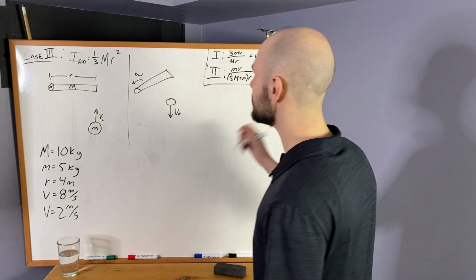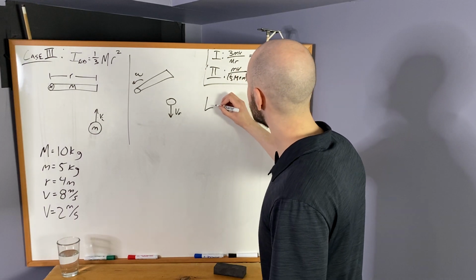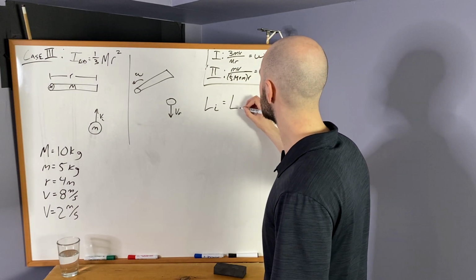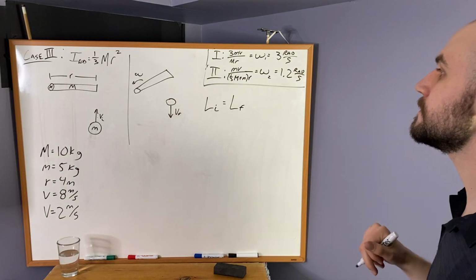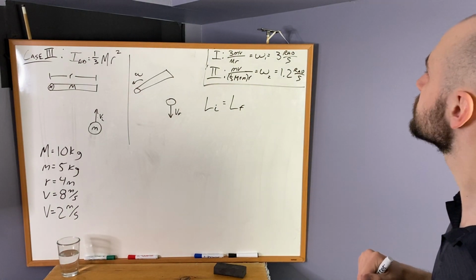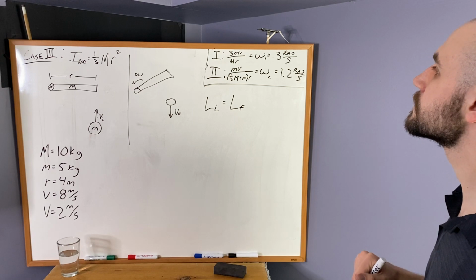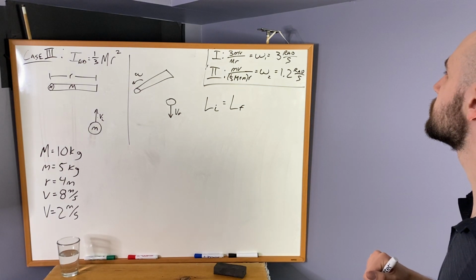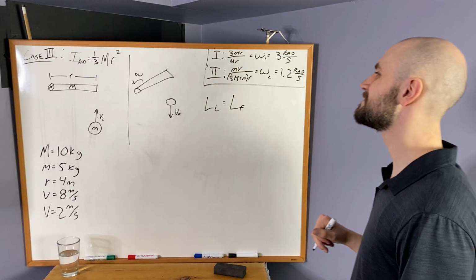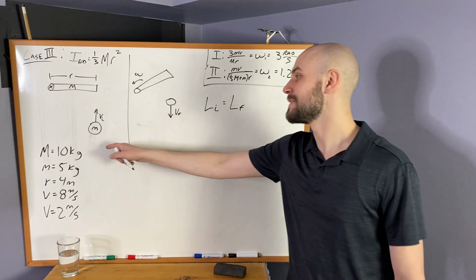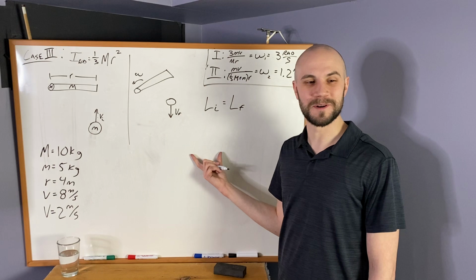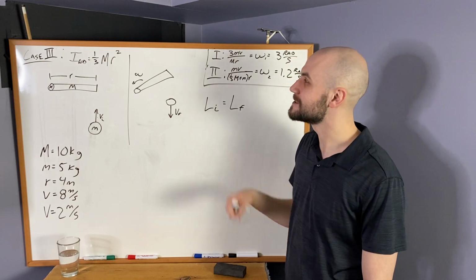Okay. Case 3, again, angular momentum is conserved. The initial angular momentum of the system is going to be equal to the final angular momentum. Tell you what, I just made a decision here. I want you to solve out this example based on how we did the first 2 cases.